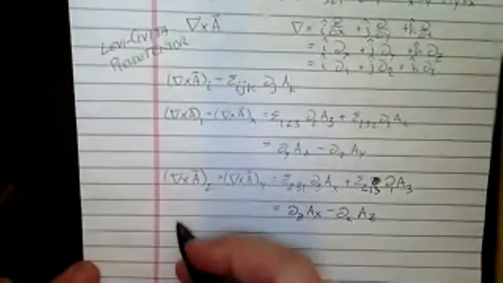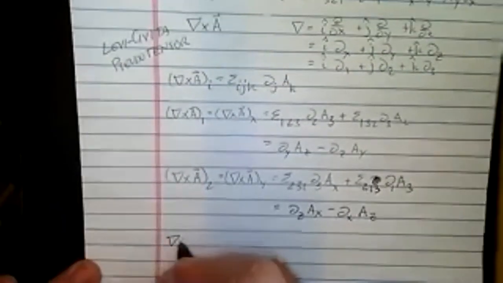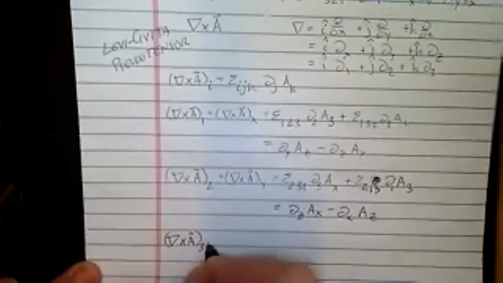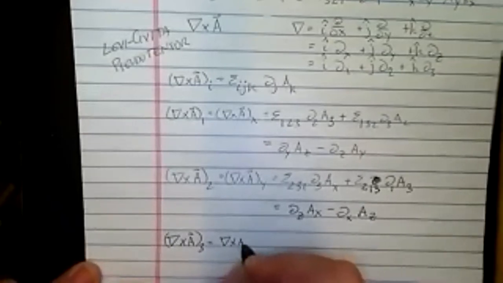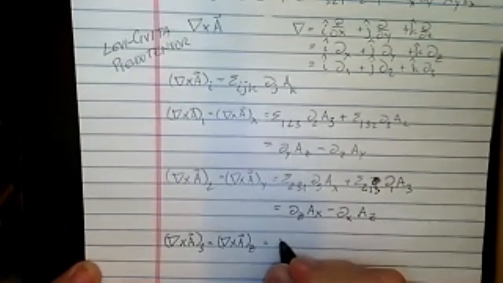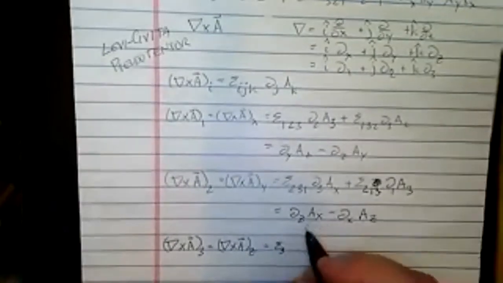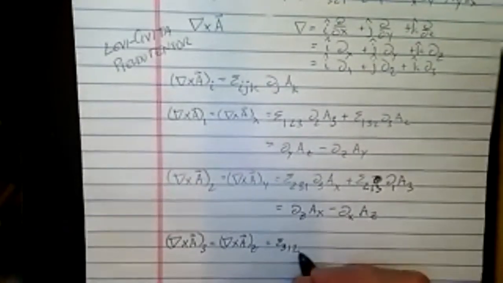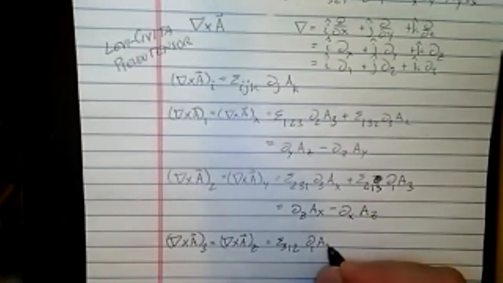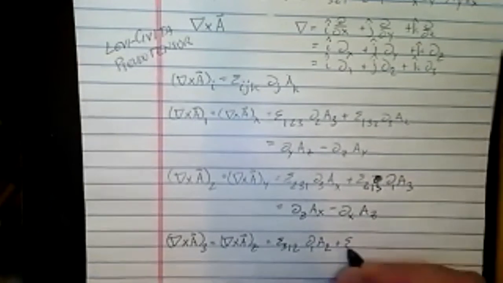And then just to finish this off, I have the curl of A, but I want the third component, which again is del cross A sub z. That's going to be epsilon 3, and the cyclic permutation of that is 1, 2. So that'll be partial sub 1 A sub 2 plus epsilon 3, 2, 1.